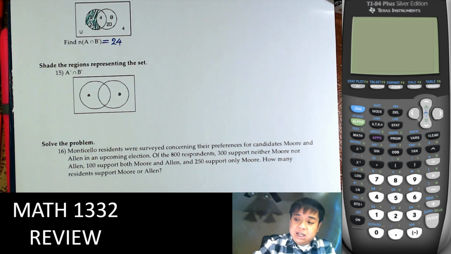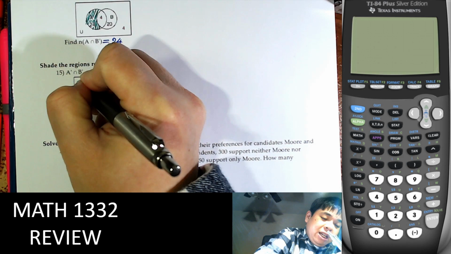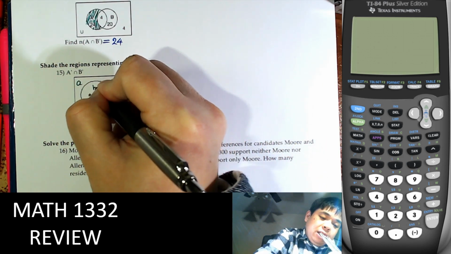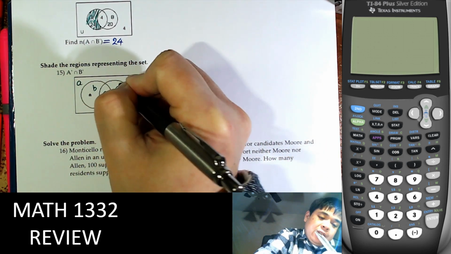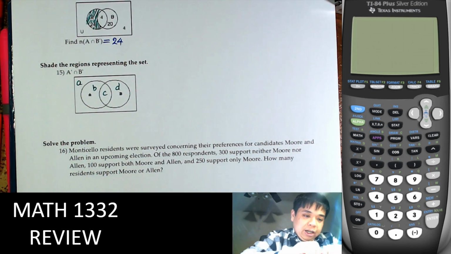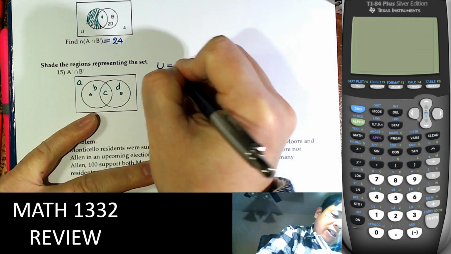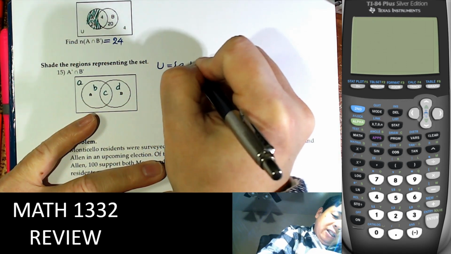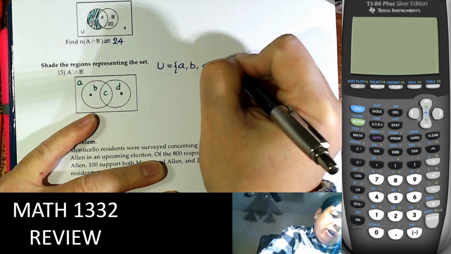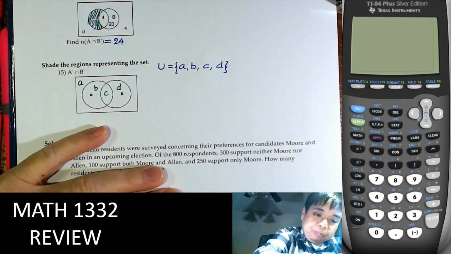Just use lowercase then. So here I use this will be a, this is b, c, and d. So there are 4 regions. Obviously, if we take all 4 different regions, that is the universal set, that has a, b, c, d. In the book or in class, we use the Roman numerals, but of course, you can just use anything.